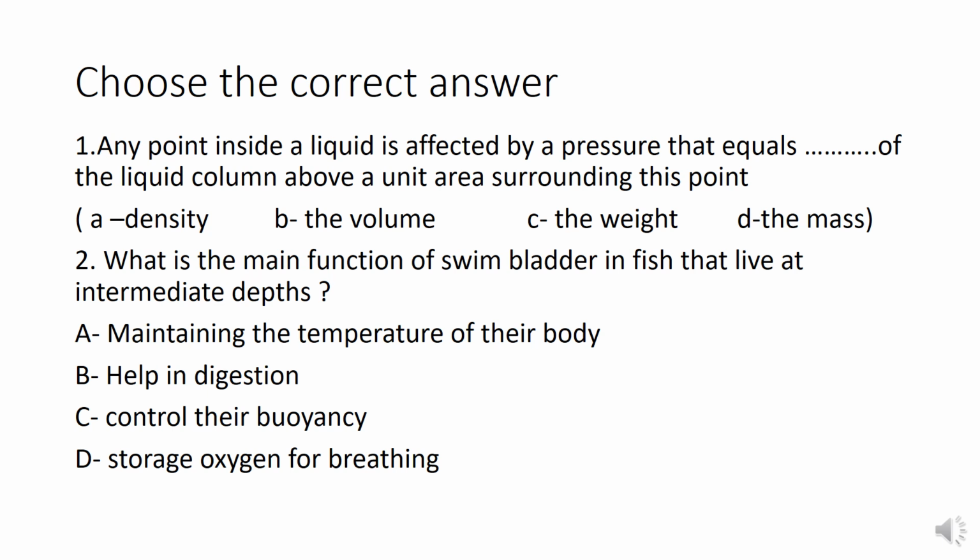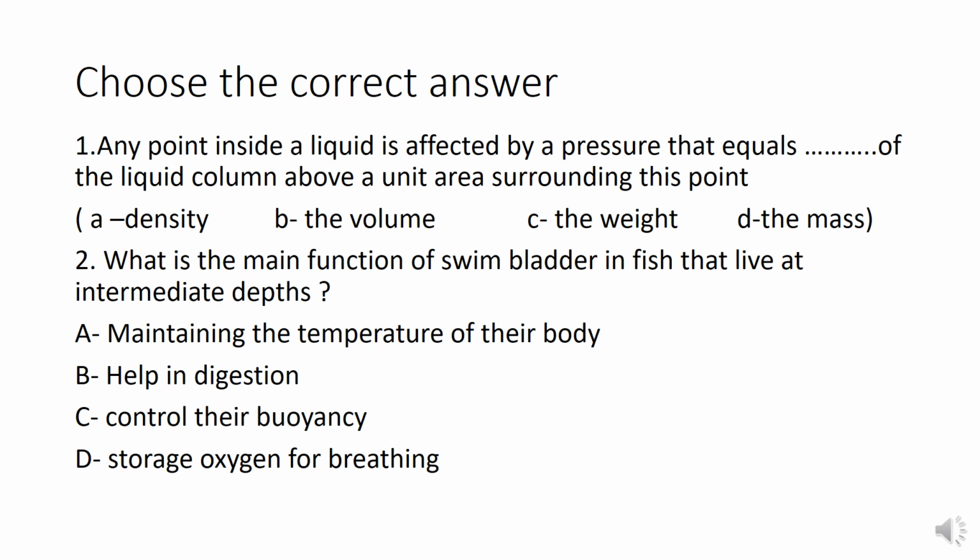Question number 2. What is the main function of the swim bladder in fish that live at intermediate depth? Number 1, maintaining the temperature of their body. Or number 2, help in digestion.